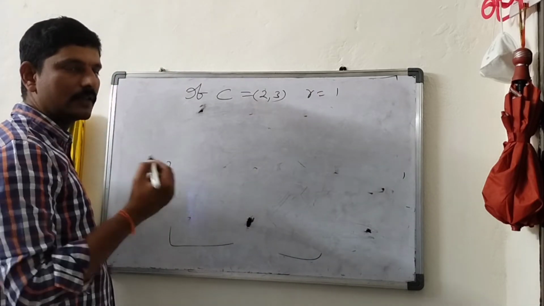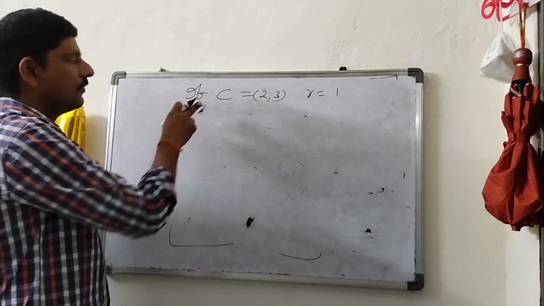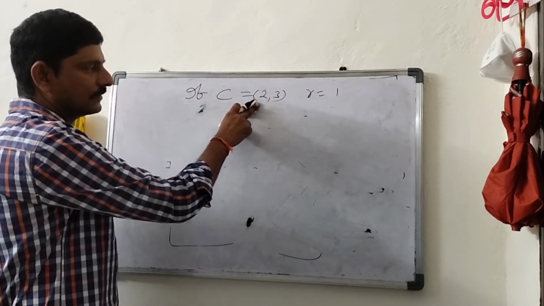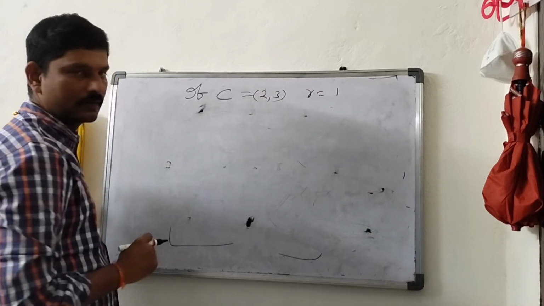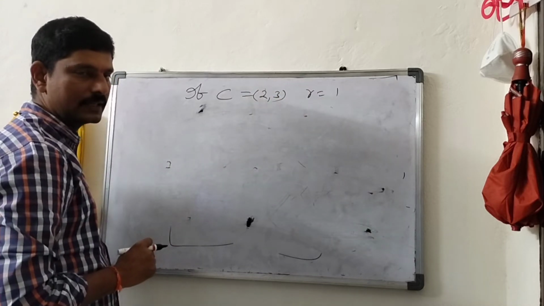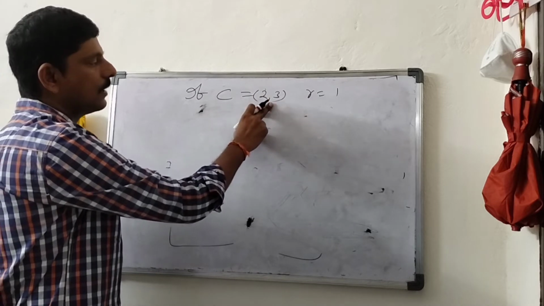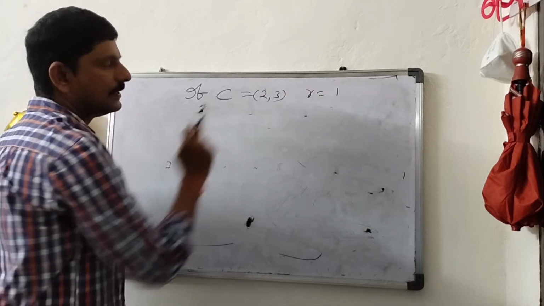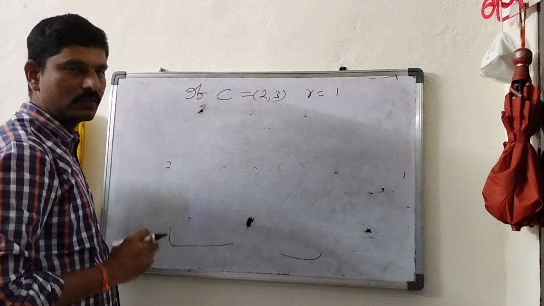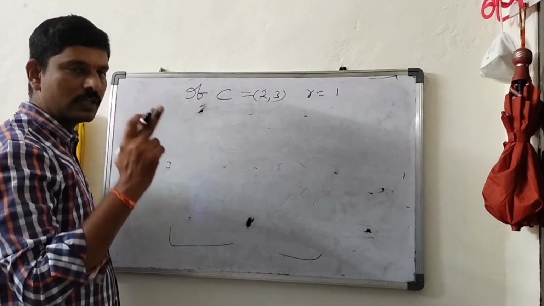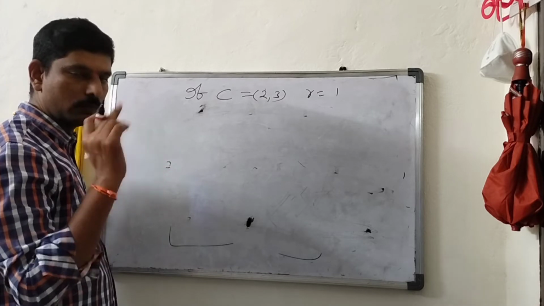Or the question is asked like this: find the equation of circle with center C(2, 3) and radius 1. Once again, listen: find the equation of circle with center (2, 3), radius 1. Like this, the question is asked in the examination. So this question is for 2 marks.